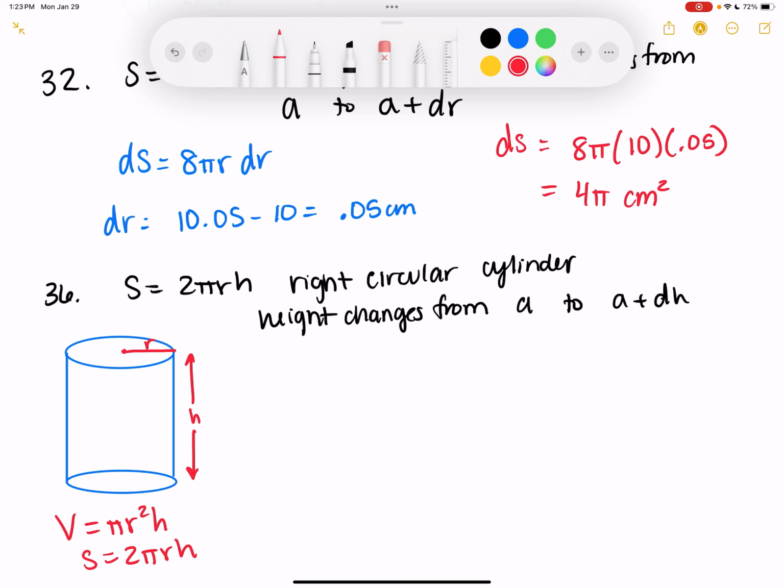Now, they said that the radius doesn't change. What does that mean? Right now it looks like I have two variables up here, but if r doesn't change, you only have one variable. Yeah, we're going to treat r as a constant.